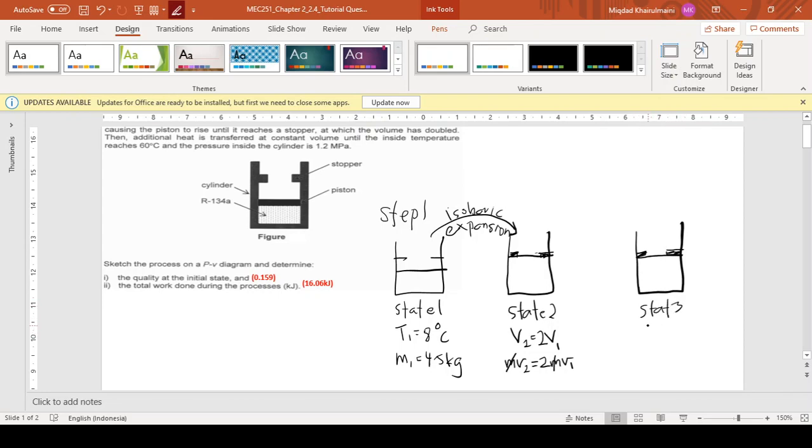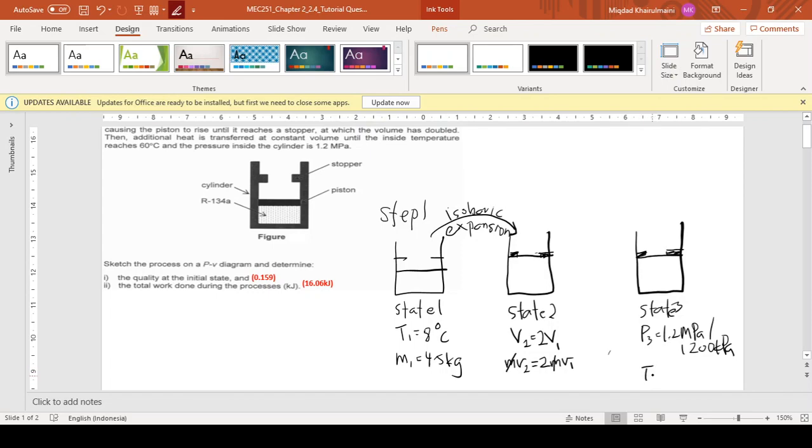And at state 3, we do know the pressure, 1.2 megapascal, or we can write it in terms of kilopascal. We do need to know these 2 units for pressure, and we also know the temperature.